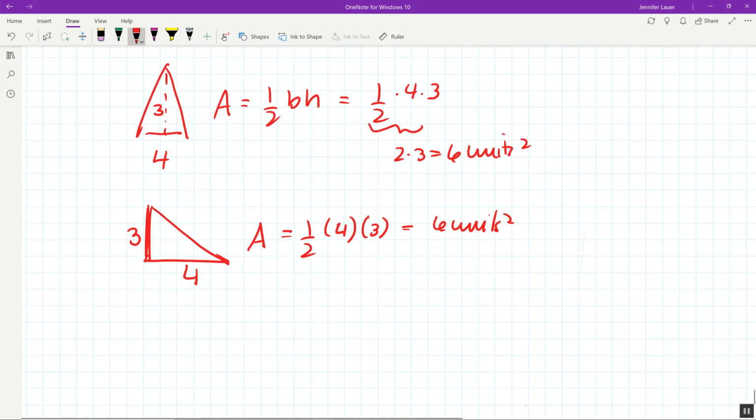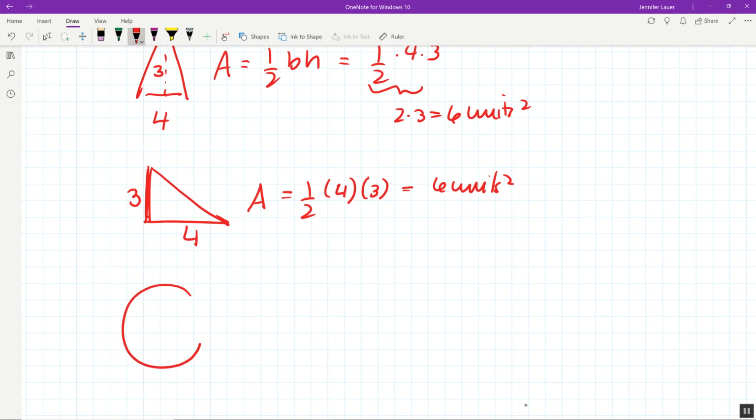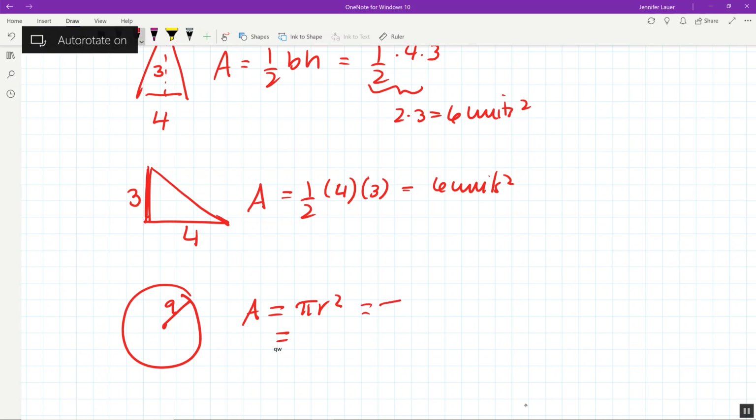So that covers that. Now if you have a circle and it looks like this, and let's say the radius is 9. So we have area equals pi r squared. We know pi is on our calculators. We should be using our calculators full time now. It's 3.14, but I prefer you just to use the calculator pi button. And our radius is 9. So I would just grab my calculator, and you want to square the 9 first.